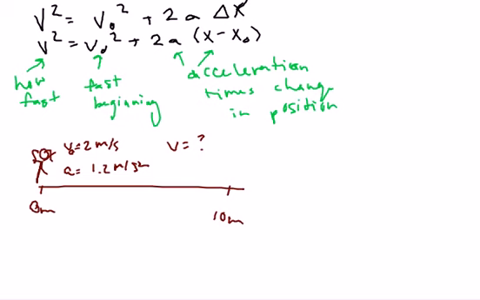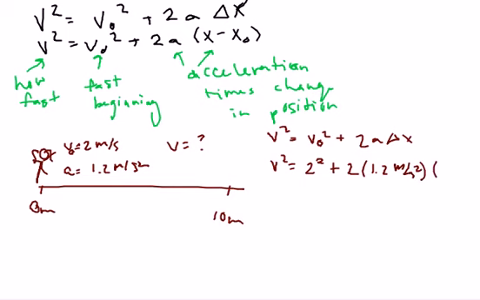So we'd set it up as velocity squared is equal to v naught squared plus 2a delta x. Still don't know our v squared, but we do know our v naught is 2 squared, plus 2 times our 1.2 meters per second squared, times our change of position. That would be 10 minus 0, which is still just 10.